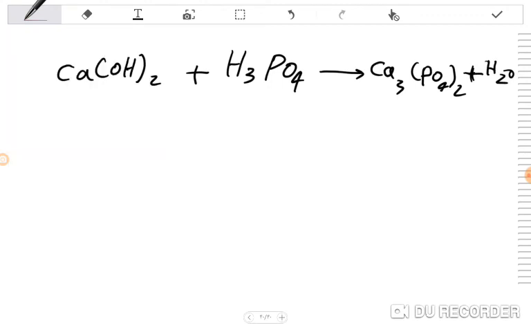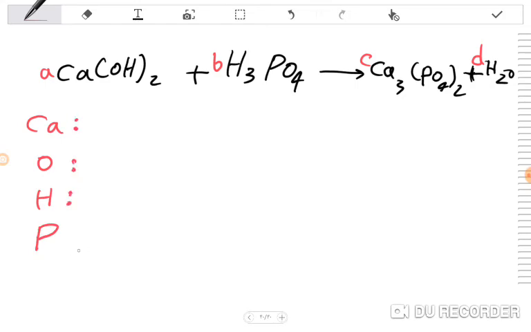Again, we write supposed coefficients A, B, C, and D in front of the formulas. How many kinds of atoms are there here? Ca, O, H, and P. Okay.